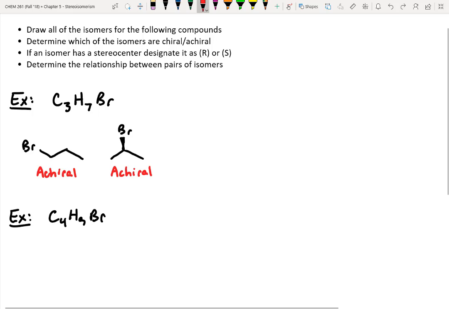Now we need to determine the relationship between these two compounds. They're isomers, same molecular formula. Constitutional isomers. And they must have very different physical properties. We'd have no problem separating these if we wanted to.